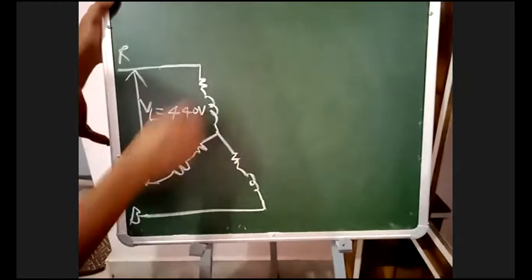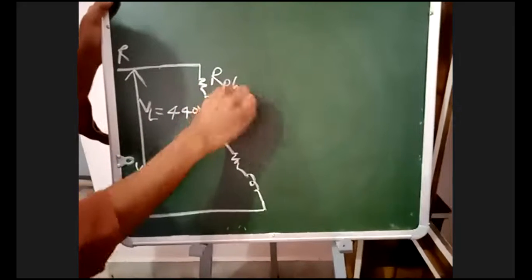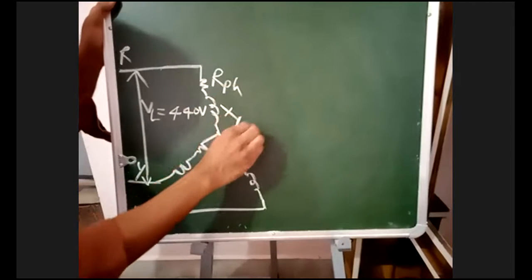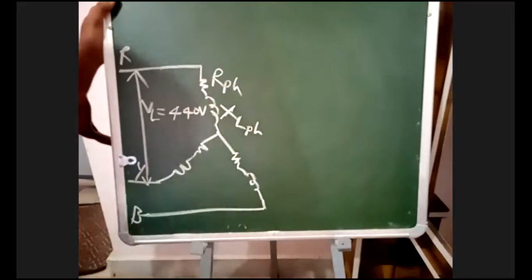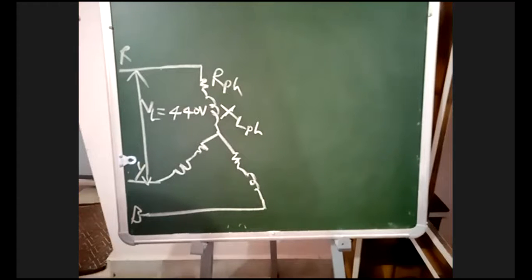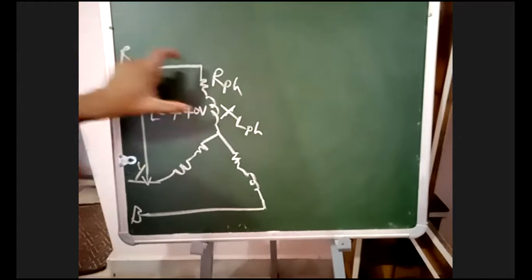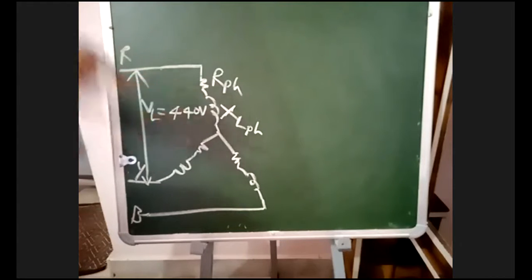He is asking for resistance R phase and XL phase, the resistance and reactance of the coil. This is the first bit.